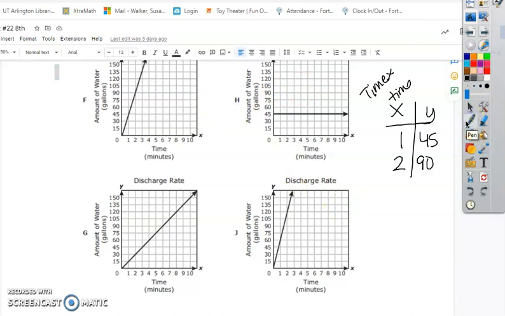So, for instance, 1, 45, that one's good, but 2, 90, that's where it should be. So this one is wrong. You want to make sure those points are on the line, okay? So figure out which graph. 2 of these are very, very close. You got to look carefully, okay? Which graph represents this slope?